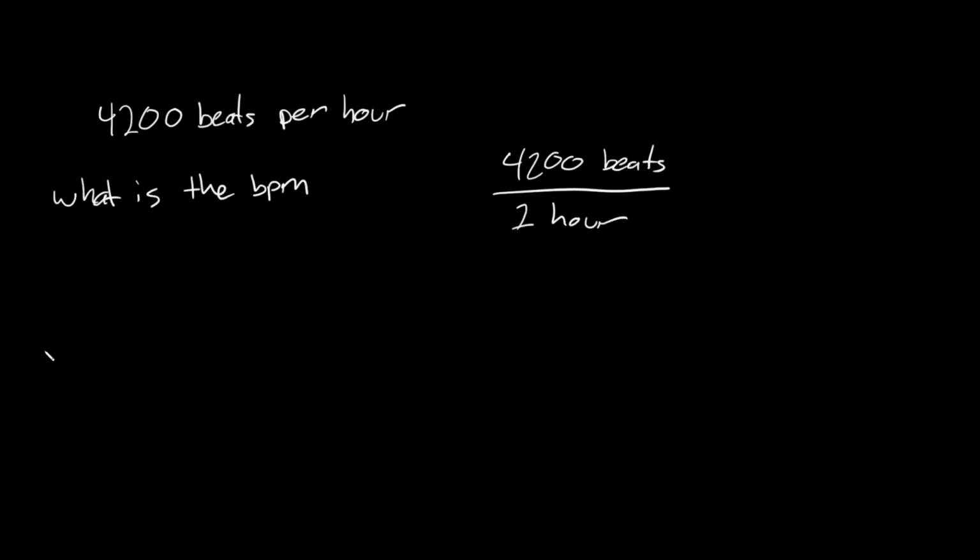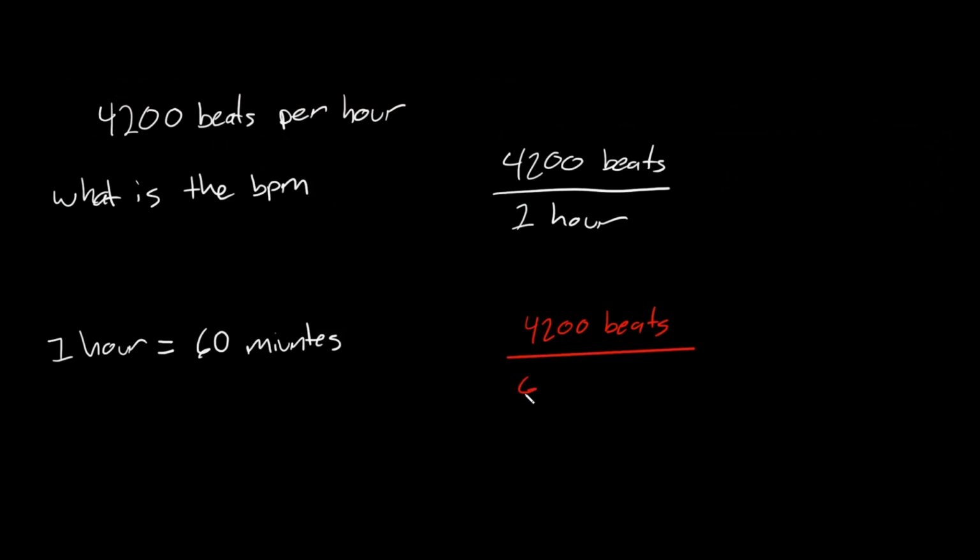And let's take note of the fact that 1 hour is equivalent to 60 minutes. So we can actually just rewrite this denominator as 60 minutes because the value of 1 hour and 60 minutes are the exact same. So you have 4,200 beats per 60 minutes.